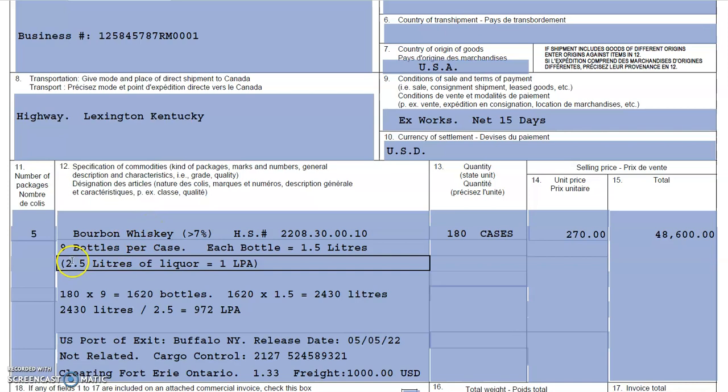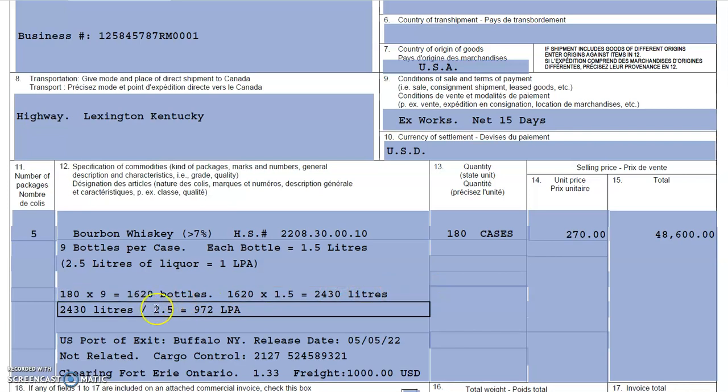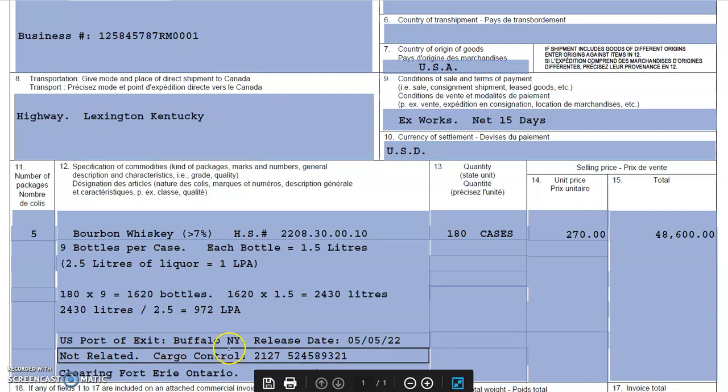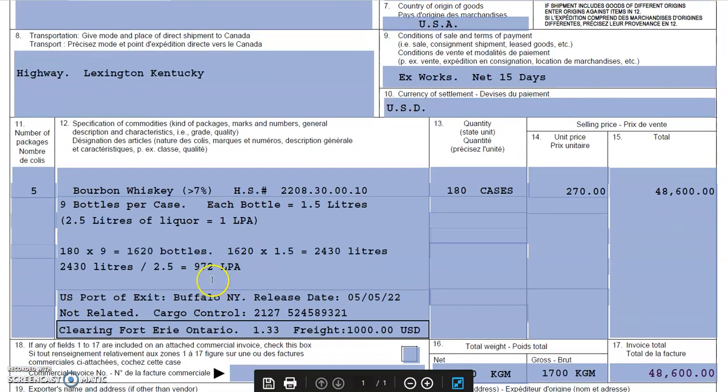Now, 2.5 liters of bourbon whiskey equals 1 LPA. So we take the 2,430 liters and divide it by 2.5 to get the number of LPAs, which is 972. And that comes in handy; I'll show you how that works. Now, the U.S. port of exit, the release date, the fact they're not related, the cargo control number, and all that good stuff.